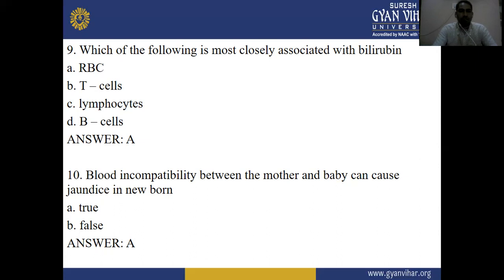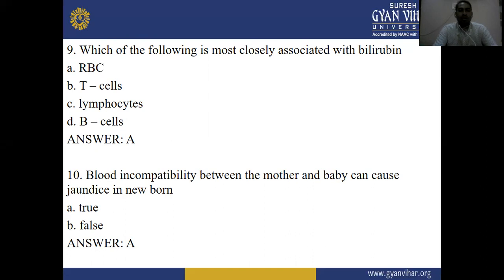Next question: which of the following is most closely associated with bilirubin? Option A, RBC; option B, T cells; option C, lymphocytes; and option D, B cells. The right answer is A. Most closely associated with bilirubin is RBC.